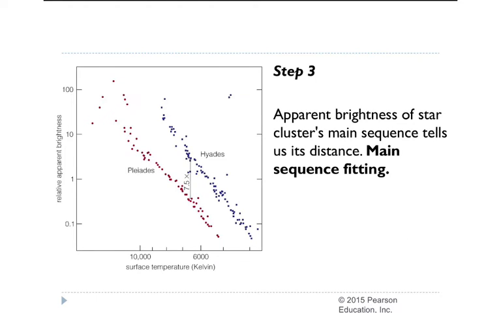The third step is using the apparent brightness of a star on the main sequence. If we look at the apparent brightness and we know what type of star it is, we could calculate backwards what the distance would be.